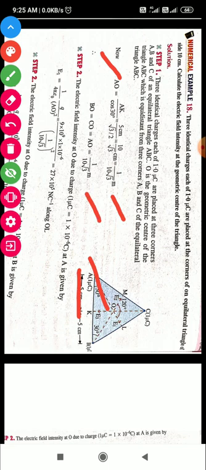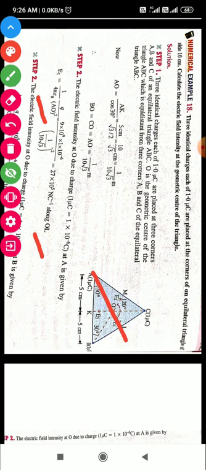Here we find the electric field E1 at O due to the 1 microcoulomb charge at A: 1 upon 4 pi epsilon naught, Q upon AO square. This is 27 into 10 to the power 5 Newton per coulomb along OL. Similarly E2 is the same, and E3 is also the same. Let's go to another slide.